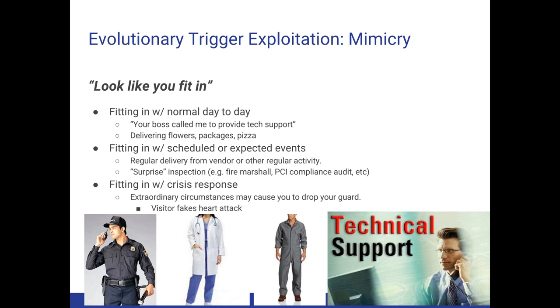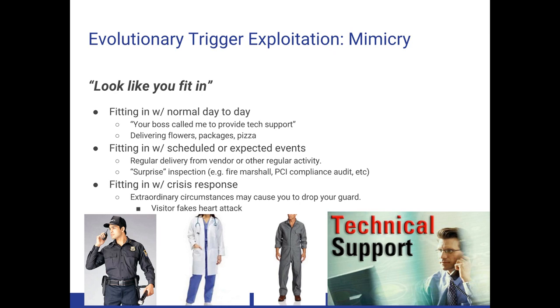So a regular delivery from a vendor or some other activity like restocking the Coke vending machine or Pepsi vending machine. Any form of surprise inspection, which may be a fire marshal inspection, a HIPAA inspection, other forms of audits. Typically, PCI compliance audits are announced because of the personally identifiable information at the core of them. Anyways, health inspection and etc.